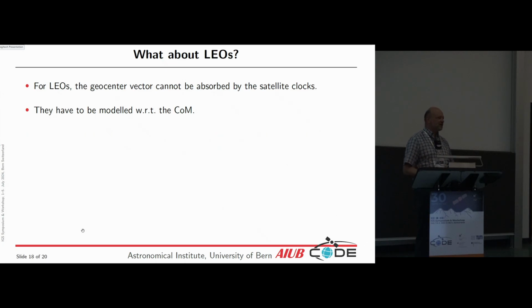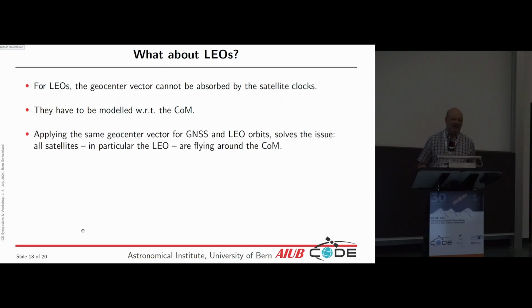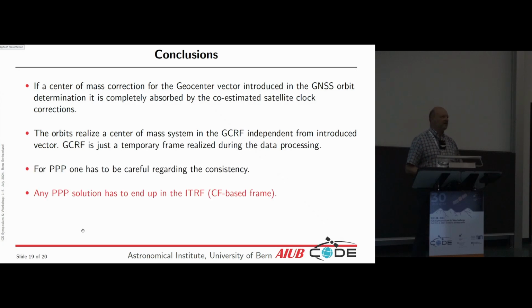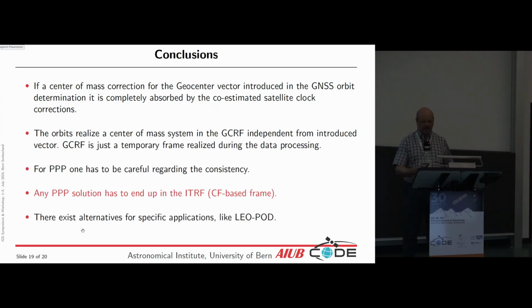With GNSS satellites we have only the 13-degree nadir angle with observations. But there's a very simple solution. If you have a geocenter vector that you can trust, then you apply this to both the GNSS satellites and the LEO trajectory, and then you can use the same satellite clock corrections for PPP style LEO POD as you have obtained with respect to the center of figure.